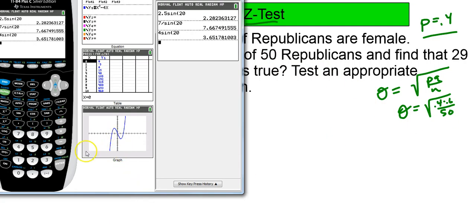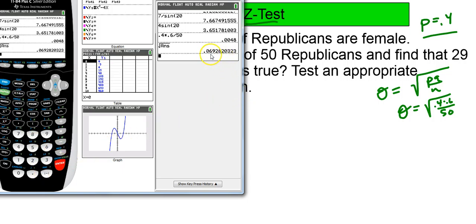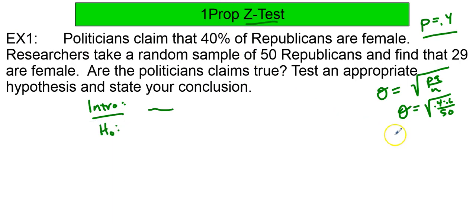So let me bring this up. 0.4 times 0.6 divided by 50, and we want the square root of that. So that gives us 0.069 for that standard deviation.